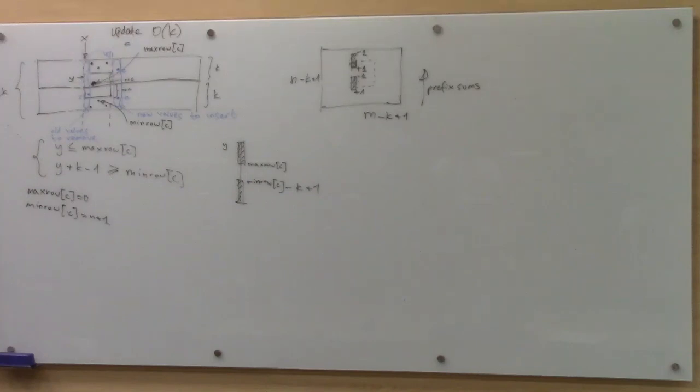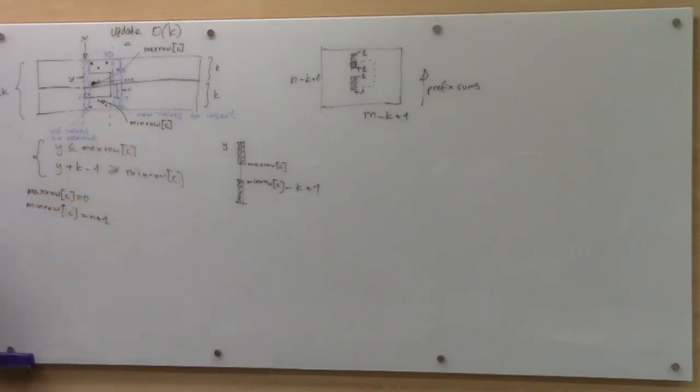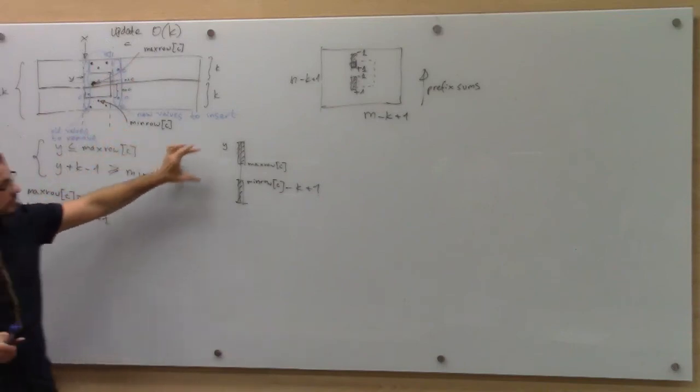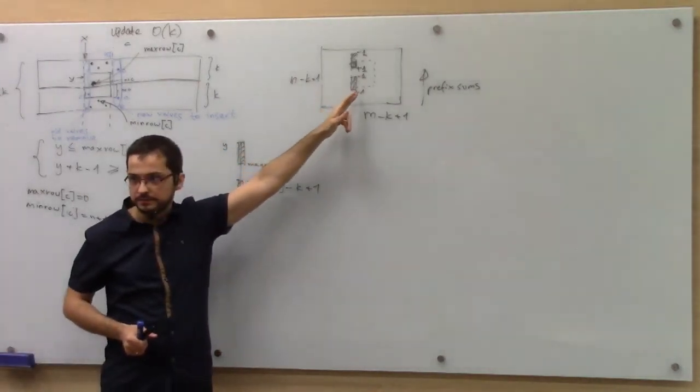All right, but this is still not the end of the update, because the update has two parts. First of all, we need to update max row and min row. But the second part is updating these ranges here in the array.